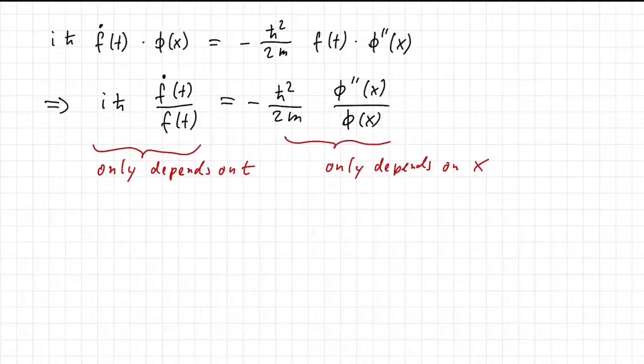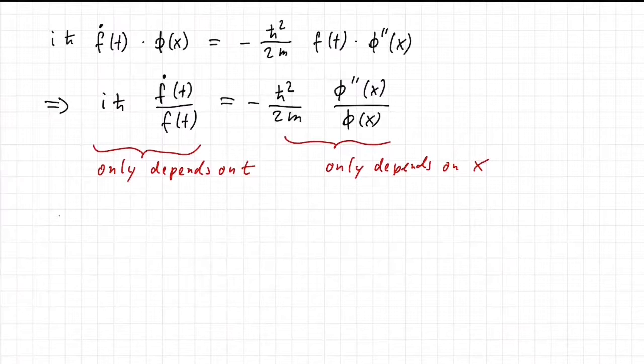So this is quite peculiar. This equation holds for any value of t and x. So let's fix x and change t. It's always the same value on the right-hand side, which means that this left-hand side has to be a constant. And vice versa: if I fix t and change x, I always get the same value, which means that the other side must simply be a constant.